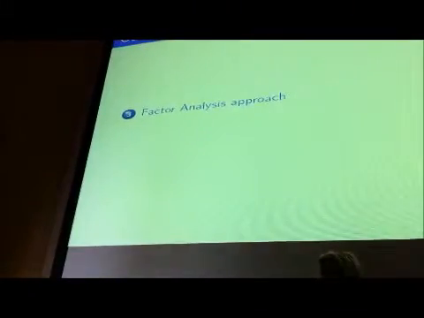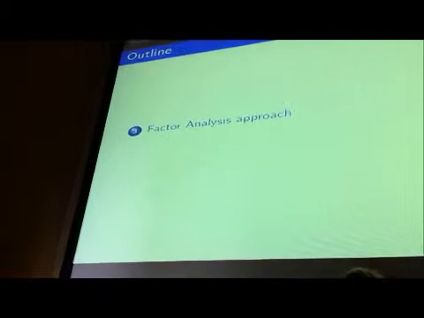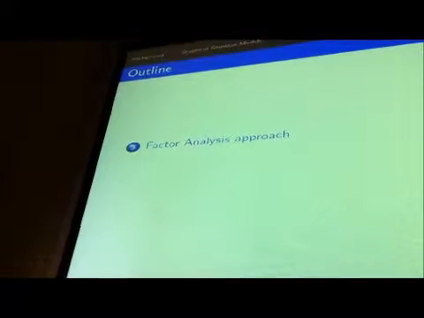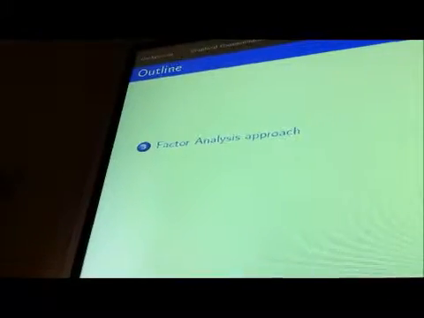All the methods I presented are widely used in the biologist community, but an efficient estimation of partial correlation is still a questioning issue. And we propose here a new methodology based on a factor analysis model.